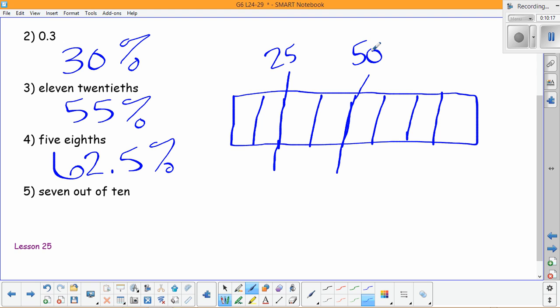And then again, 5/8 of 100, which is what we're looking for, isn't even, but 6/8 would be 75.